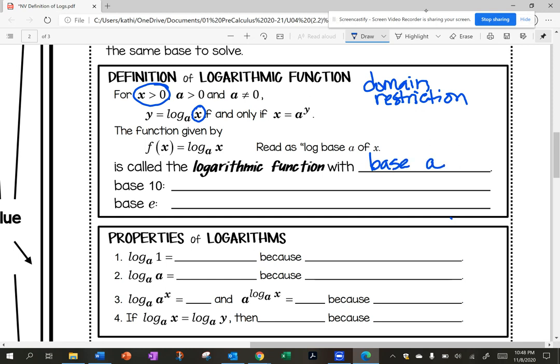So a is written as a subscript, and that is what the base is. Base 10, which we're most familiar with because we have a base 10 counting system, is called the common log. And base e, we've already talked about e, is called the natural log.